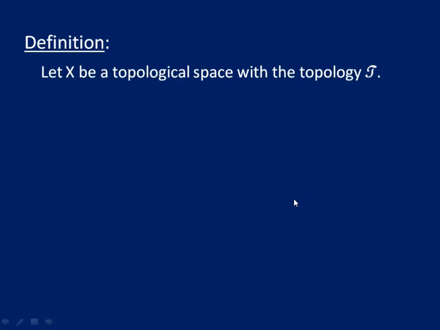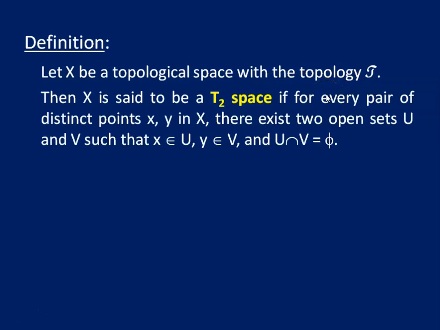Now let us define the second lower separation axiom. Let X be a topological space with topology tau. Then X is said to be a T2 space if for every pair of distinct points X and Y in X, there exist two open sets U and V such that U contains X, V contains Y, and U intersection V is empty.